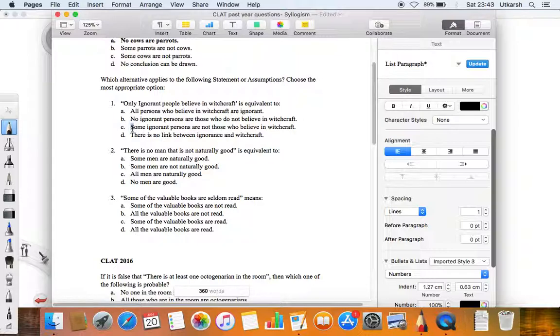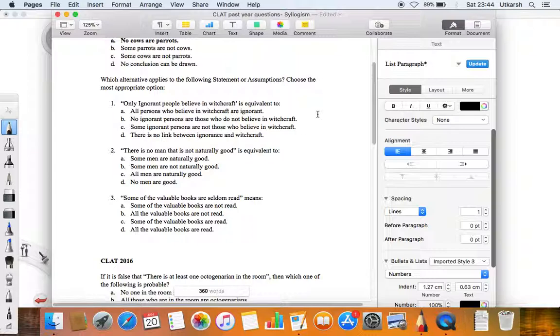Some ignorant people are not those who believe in witchcraft. I am not sure what this sentence means actually. I think they are same. Some ignorant people are not those who believe in witchcraft.